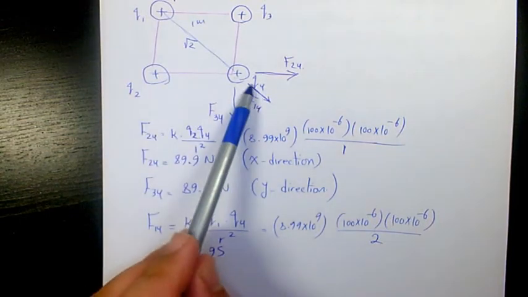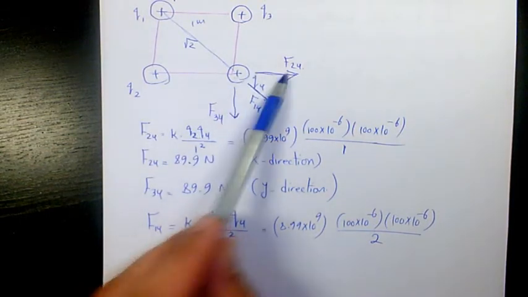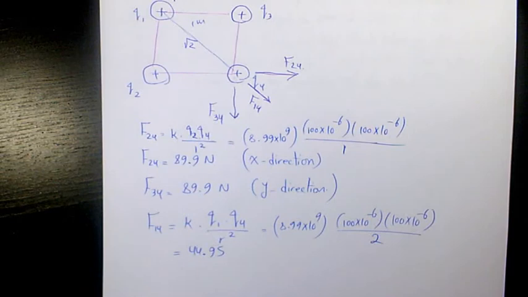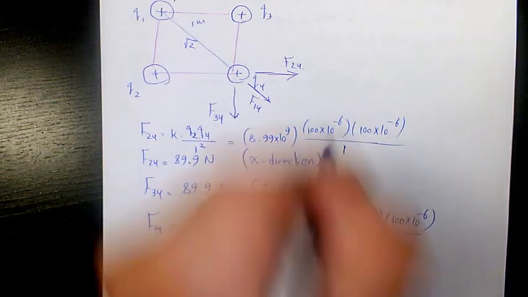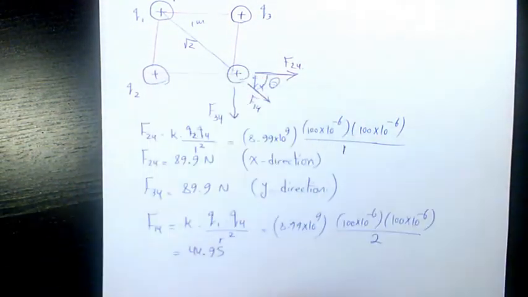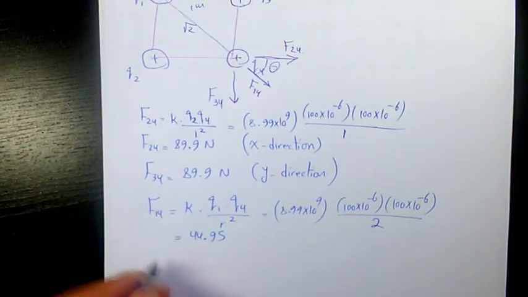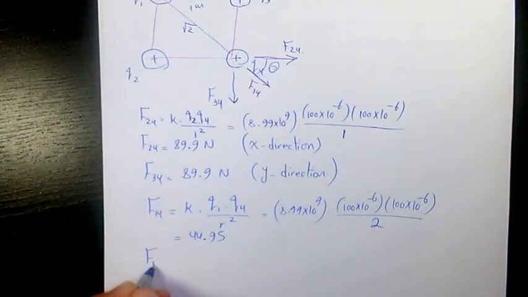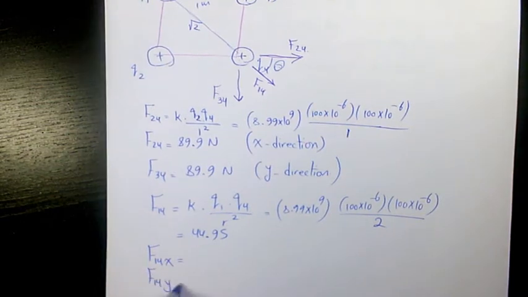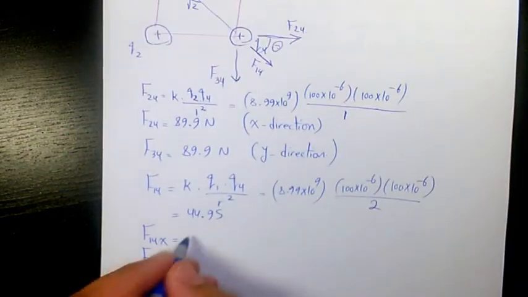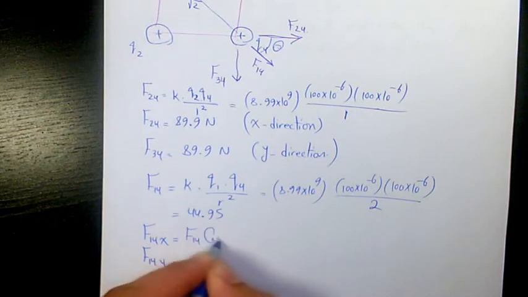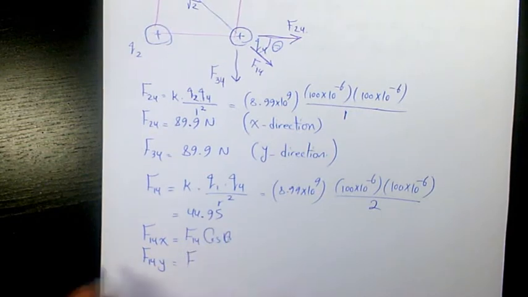Now I need to decompose this one into X and Y directions. But in order to decompose it, I need to know theta. So I need to find out F14X and F14Y. F14X is going to be F14 cosine theta, and the other one is going to be F14 sine theta. What is theta?